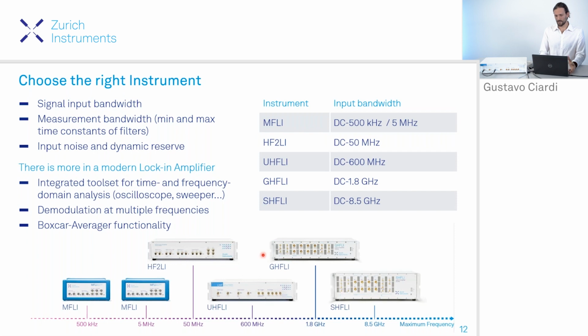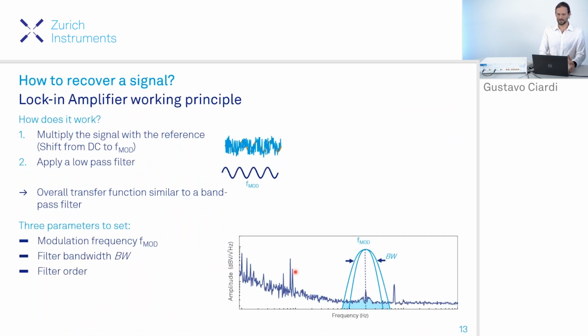This is the fleet of our instruments now available, covering the whole range from DC, from 0 Hz, up to 8.5 gigahertz, so up to the microwaves, with the last two additions to our portfolio, the GHFLI and the SHFLI lock-in amplifiers. So we have now already introduced the concept, or the name, of the lock-in amplifier.